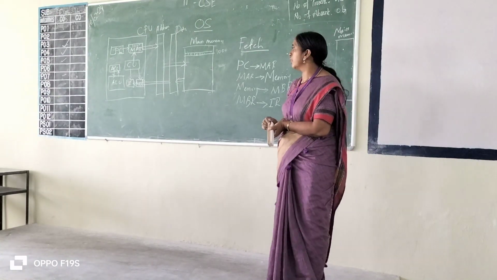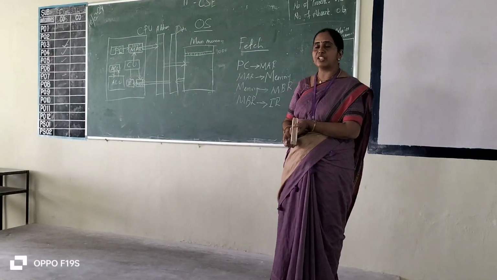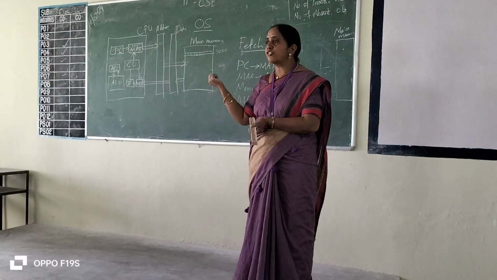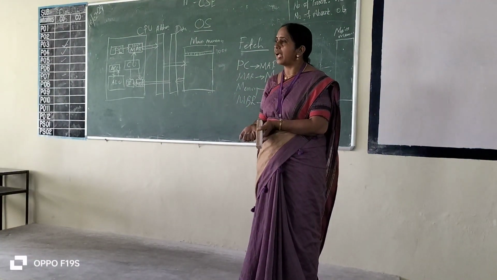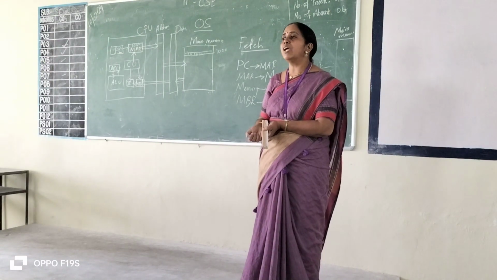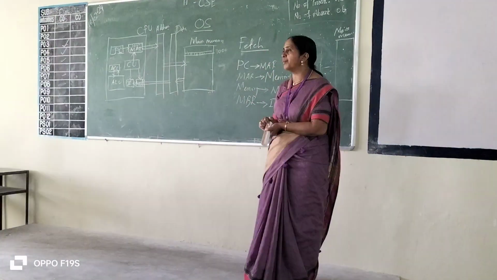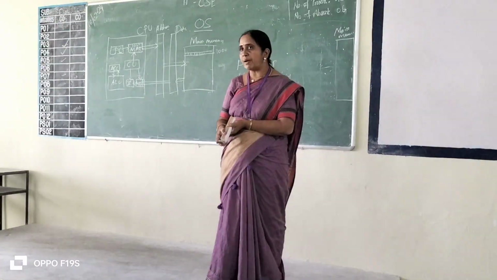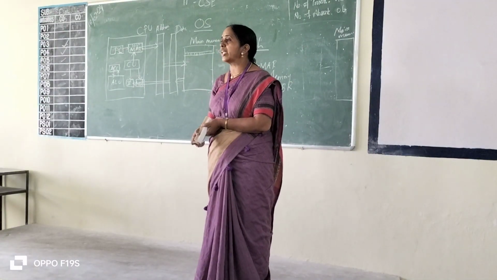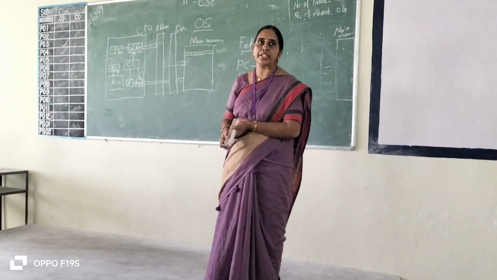Suppose we are performing an addition operation, then the instruction register can determine the type of operation as addition and how many operands are needed for performing the operation. That is also determined in the decode stage of instruction execution.